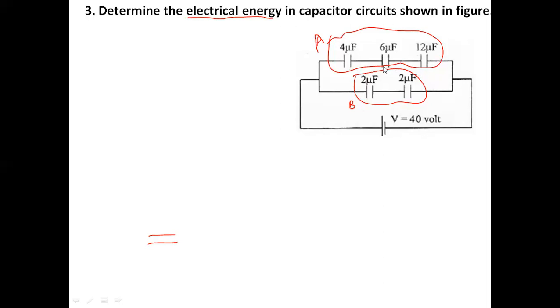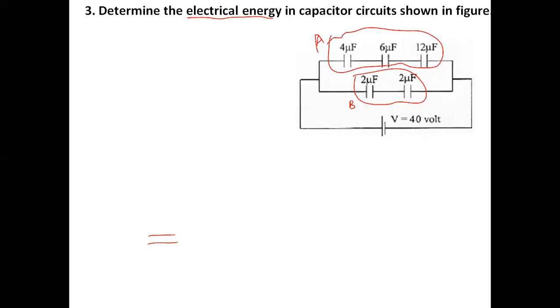So in this circuit all are connected in series, find out the equivalent value and then find out the equivalent of this. After finding this, these two are connected in parallel, add this, so you will get the total value. That is the first step we have to go further. After finding that, use the electrical energy formula of half CV square, then find the electrical energy in the entire circuit.